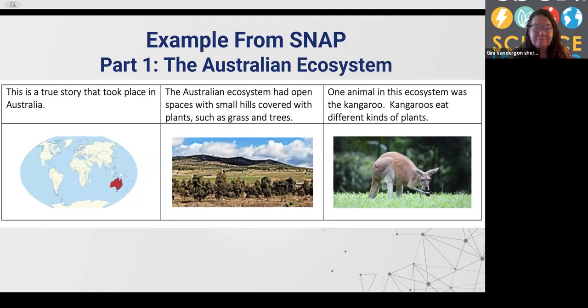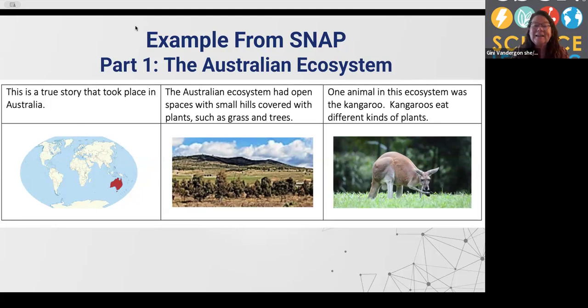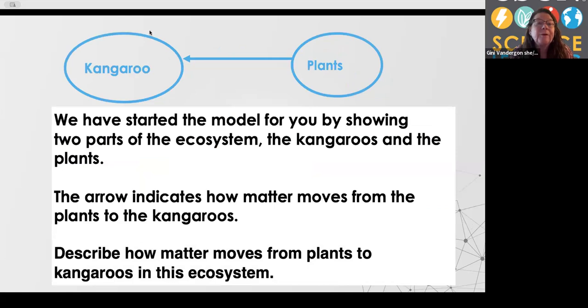Why is that? There's a visual representation of the text. Yes, right? So you wouldn't have to know what Australia looks like to answer these questions, but it's really nice for students to actually see this ecosystem compared to that last one, right? And get to see a picture of what a kangaroo looks like and where in the world it is, right? So all of those things help.